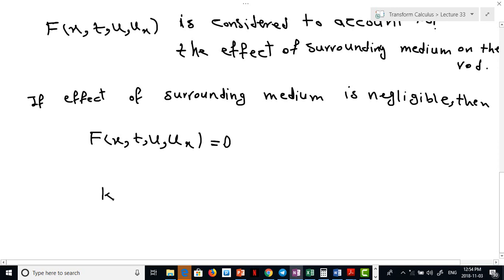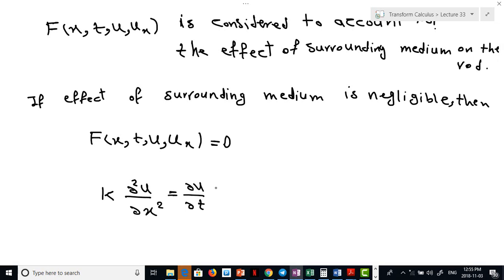And in this case, the heat equation is k times the second derivative of u with respect to x, equal to the derivative of u with respect to t. So now the heat equation is this form. In the next lecture, first we talk about the boundary condition, and then we talk about the initial condition. And when we have the heat equation, boundary condition, and initial condition, we start solving the heat equation.